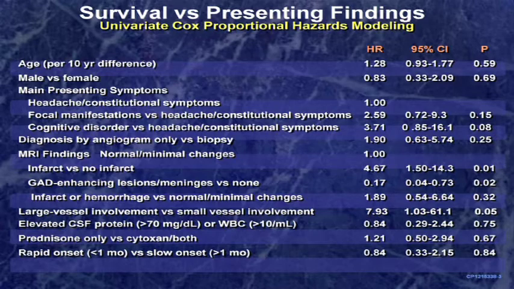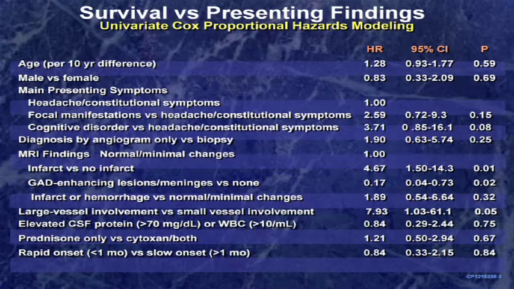Again, no difference between men and women. Headache, no difference there. Now, if you had a stroke, or if you had a cognitive disorder, some clear-cut neurologic deficit, then the hazard ratio was starting to go up, but the p-values really didn't reach statistical significance. Comparing those biopsy and angiograms, again, no difference between the two.